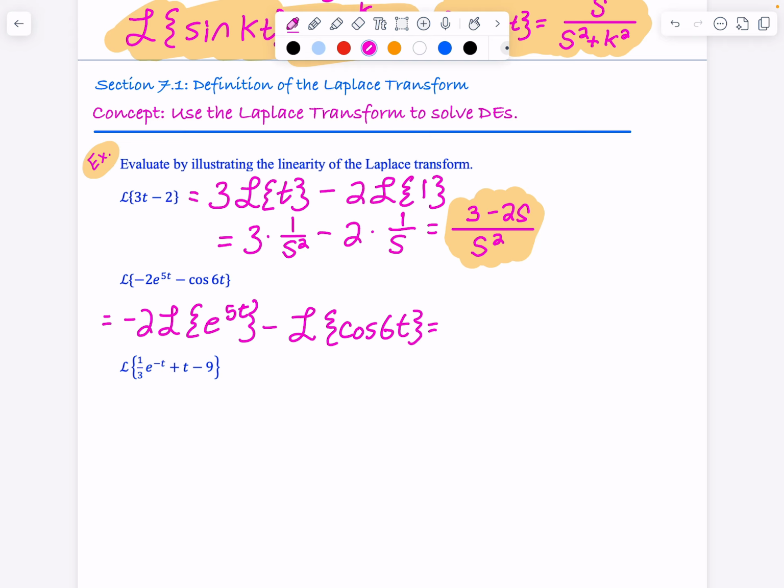This is going to be negative 2, and remember, the Laplace transform of an e function is 1 over s minus whatever the k is, so s minus 5 here. Minus, and then we know that cosine has the s on top, sine had the k on top, and then we do s squared plus k squared, which is 36, or 6 squared.